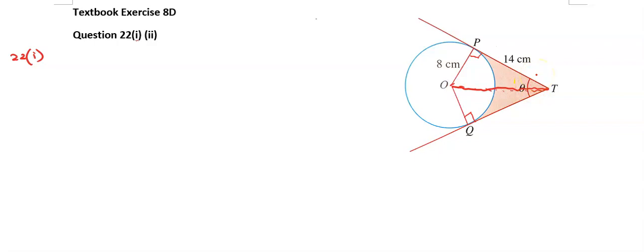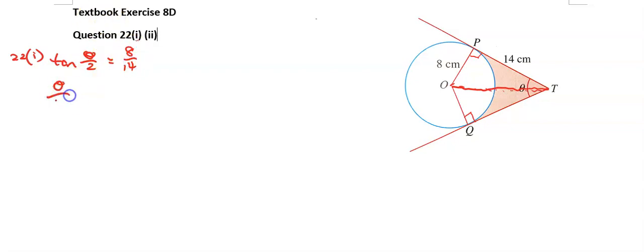Alright, so since we have 14 and 8 and we have a right angle, we can use our trigonometry to calculate. In this case, 8 is opposite and 14 is adjacent to my theta over 2 here. So tangent theta over 2 is 8 over 14.